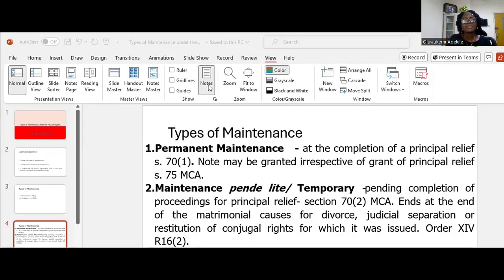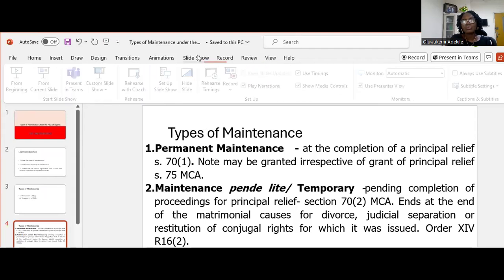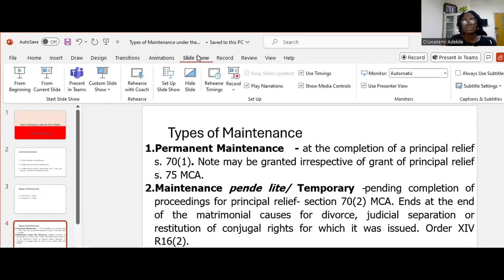The law of maintenance, therefore, continues to evolve. Each jurisdiction determines what modalities to employ in terms of granting maintenance.